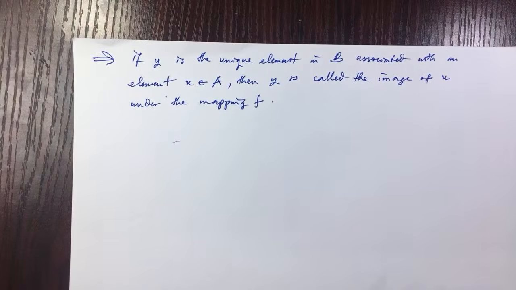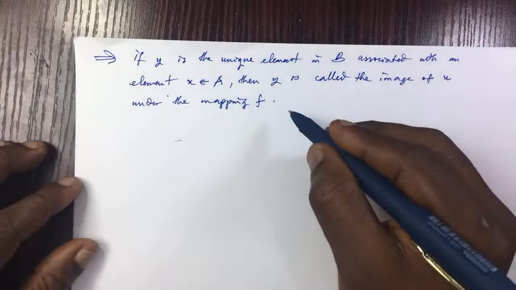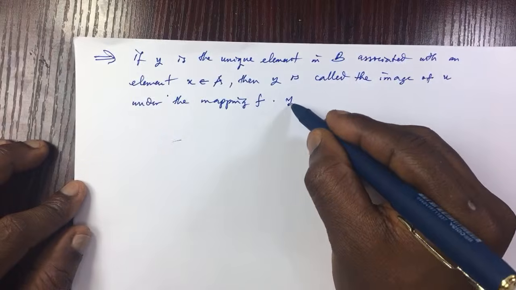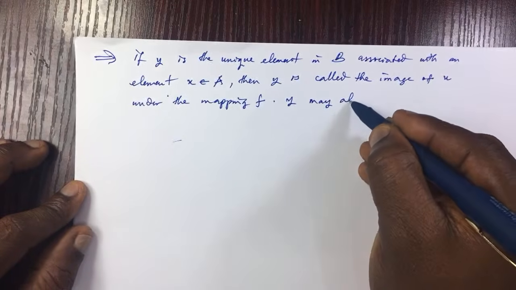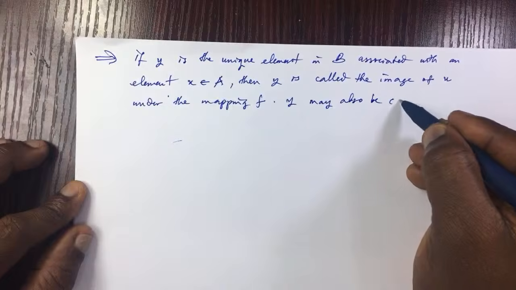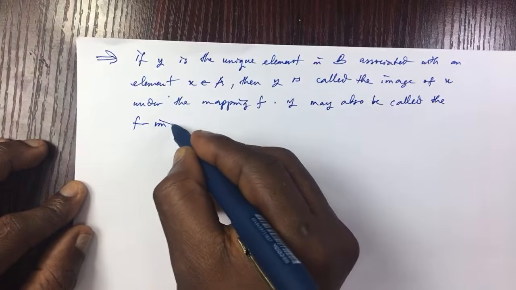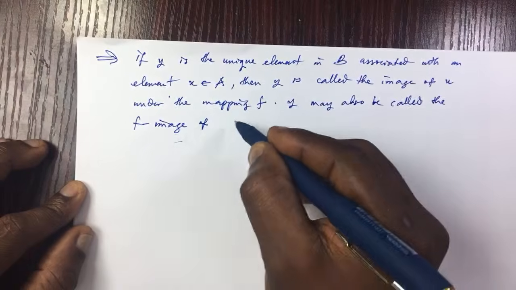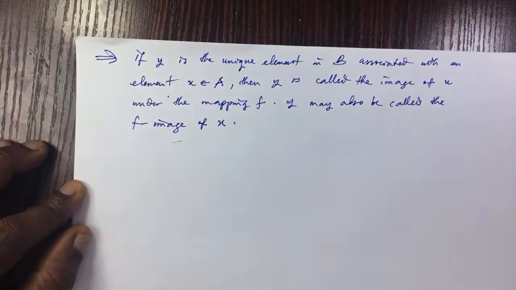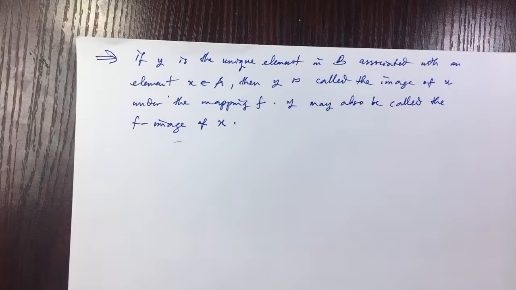Okay, so y is called the image. Now, if you don't want to call y the image of x under the mapping f, you could also call it, y may also be called the f image of x. So those are two names you could call y.